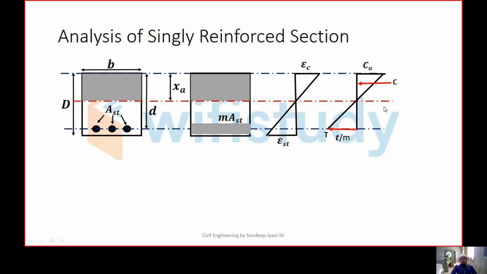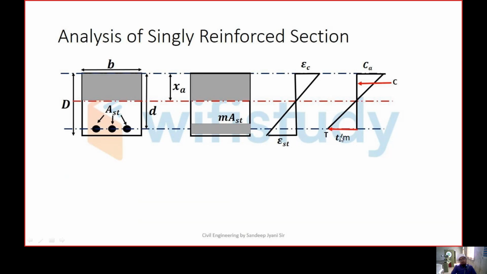And coming to the stress diagram, the tensile stresses will be carried by steel only. That's why at the center of gravity line of the steel only, we can observe the maximum tensile stresses, not in the bottommost fiber of the concrete. In the bottommost fiber of the concrete, what happens?